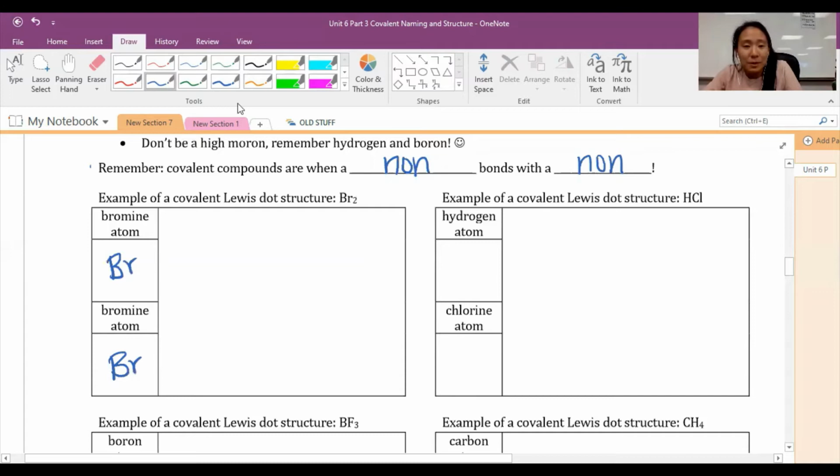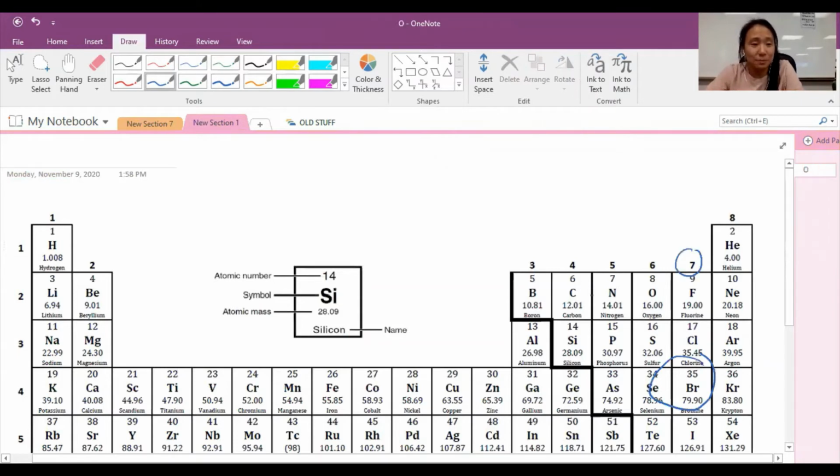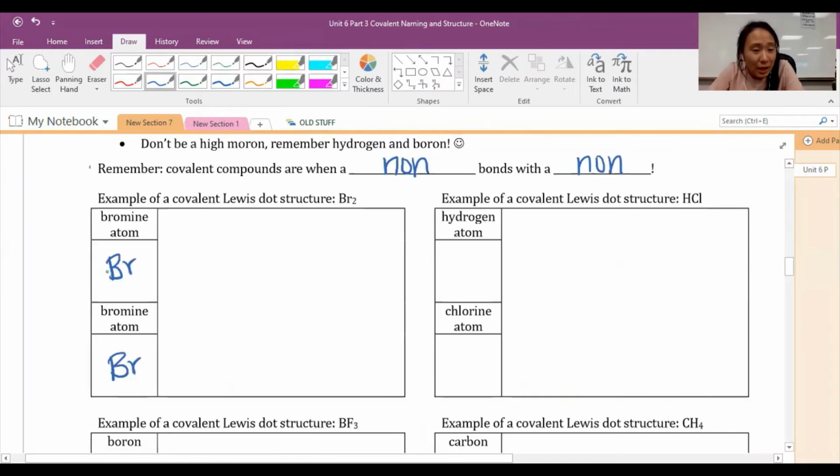And if you look on the periodic table, bromine has 7 valence electrons, okay? So I am gonna draw bromine with 1, 2, 3, 4, 5, 6, 7.